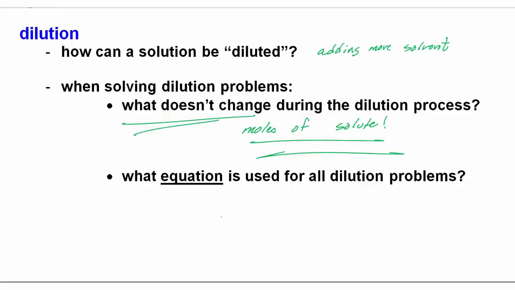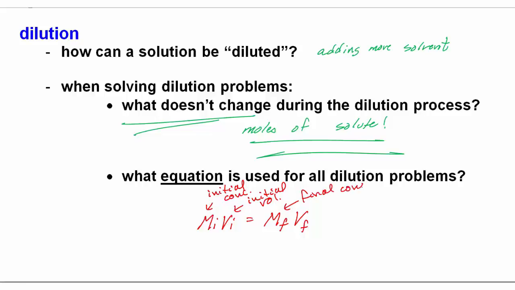What equation is used for all dilution problems? MiVi equals MfVf. Mi is the initial concentration, Vi the initial volume, Mf the final concentration, and Vf the final volume.